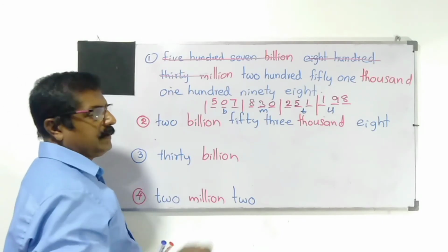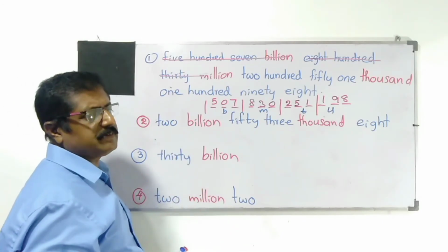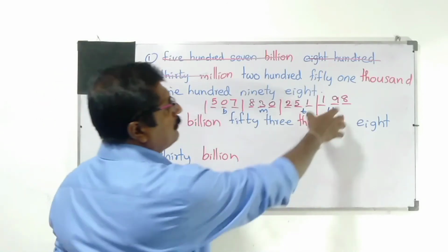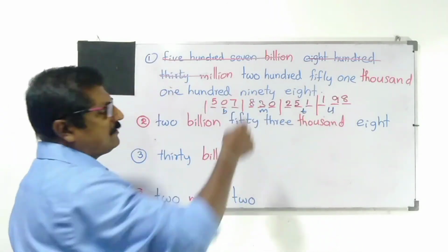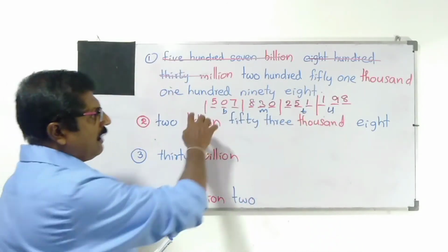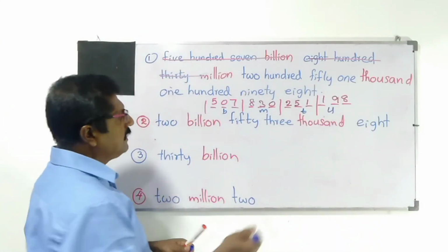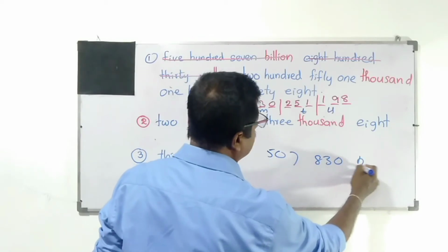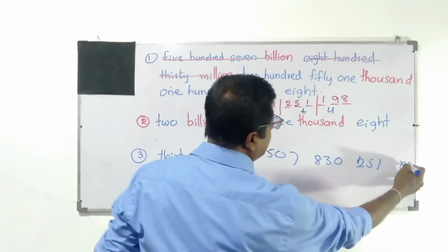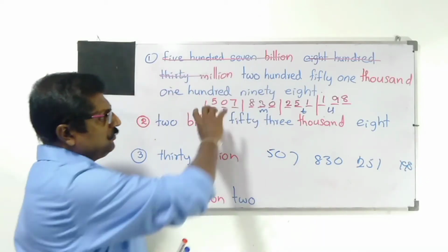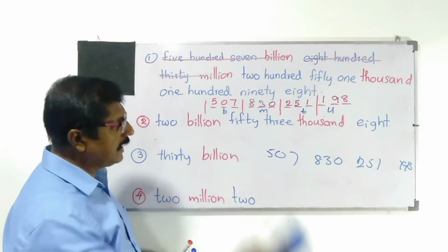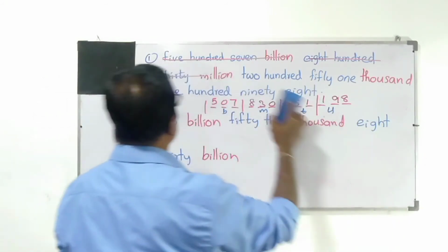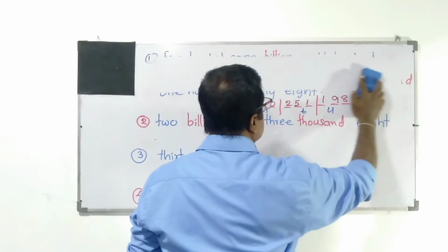But if this question comes in the question paper, don't put all these lines and everything. After making the number like this, then you write it 507 space 830 space 251 space 198, like this. This is your rough work. Right. Then let's take up the second one. First one is now over.